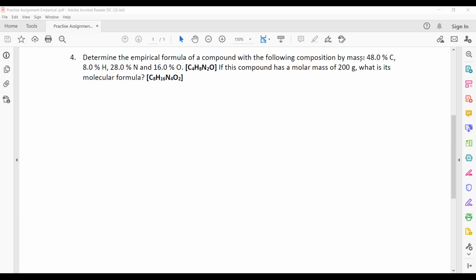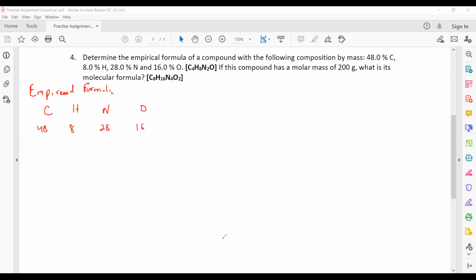The question says, determine the empirical formula of a compound with the composition 48% carbon. So first we are finding the empirical formula. That's the first part of the question. So we have carbon, hydrogen, nitrogen, and oxygen. A compound contains 48% carbon, 8% hydrogen, 28% nitrogen, and 16% oxygen.